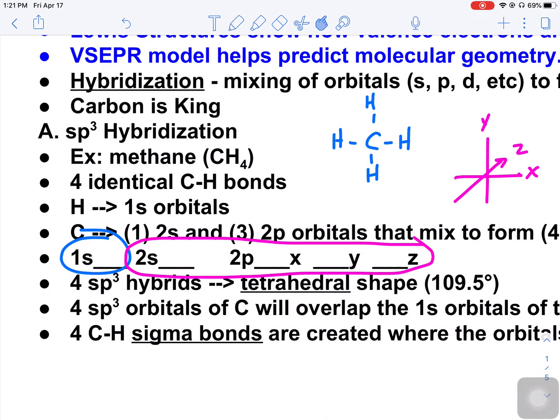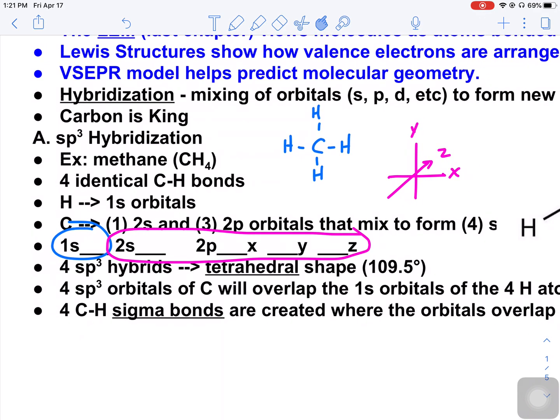So what carbon is going to do in the case of methane is we are going to get 4 hybrids. And these hybrids are going to be hybrids of s's and p's. Now, how many orbitals are combining? We've got 1 orbital, 2 orbitals, 3 orbitals, and 4 orbitals.